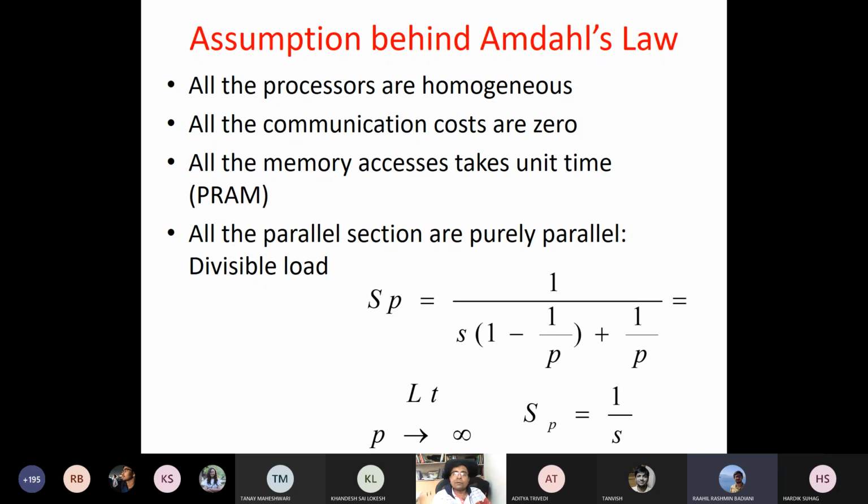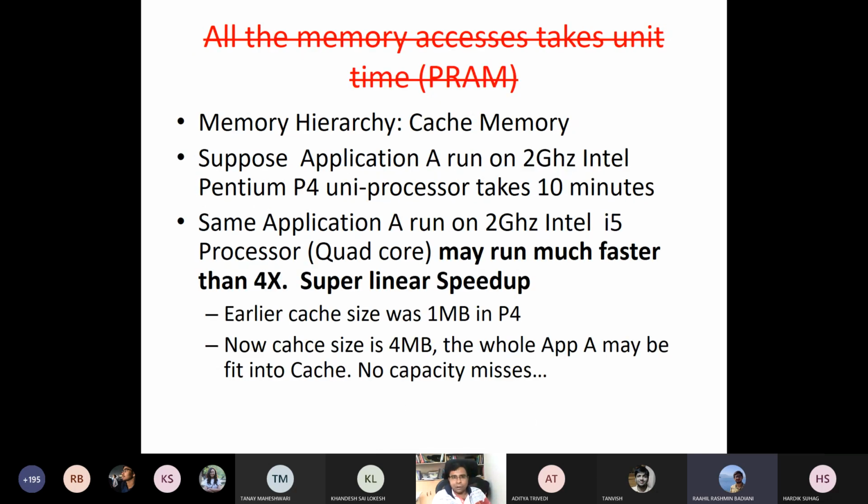But whenever you relax them one after another, what will happen? If the assumptions are true, then only Amdahl's law can apply. Suppose all the memory accesses don't take unit time, then what will happen? Take the memory hierarchy, for example cache memory.